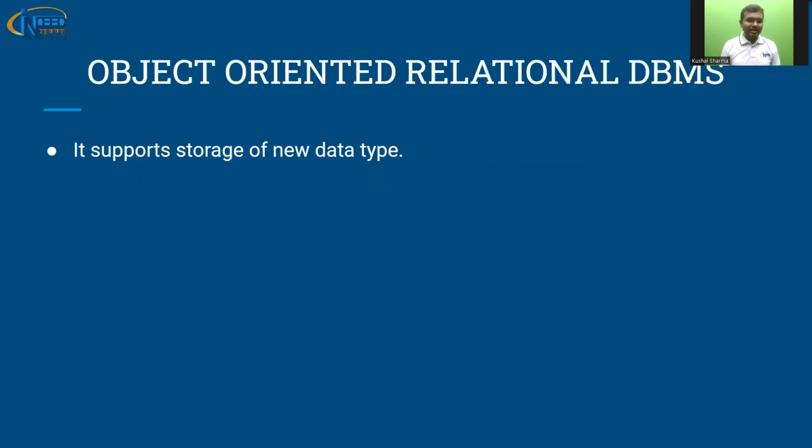Now let us talk about object-oriented relational databases. With the advent of many programming languages, there was a need for object-oriented programming also, because we have so many things around us and we want to represent them as they are inside the program, creating a near real-time environment.